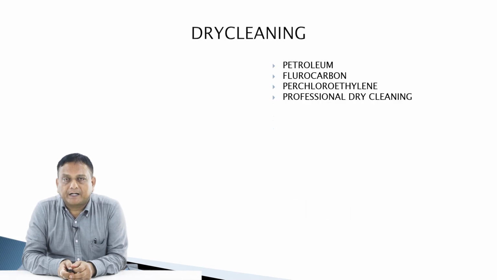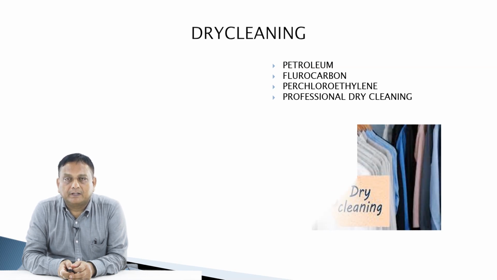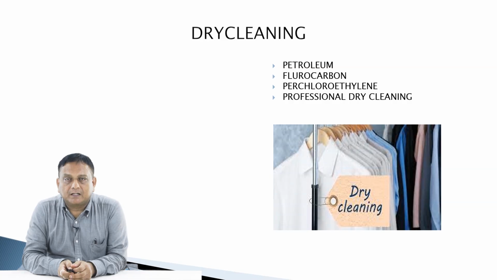And dry cleaning, when you are talking, normally it is the fluorocarbons, perchloroethylene product, and sometimes professional dry cleaning is also carried out for leather garments. So dry cleaning operations are also available in the apparel industry for delicate and leather and suede type of product.